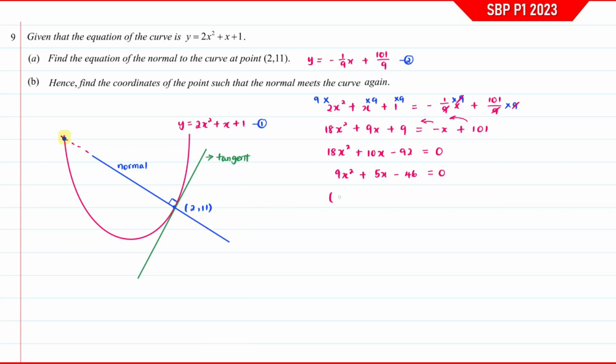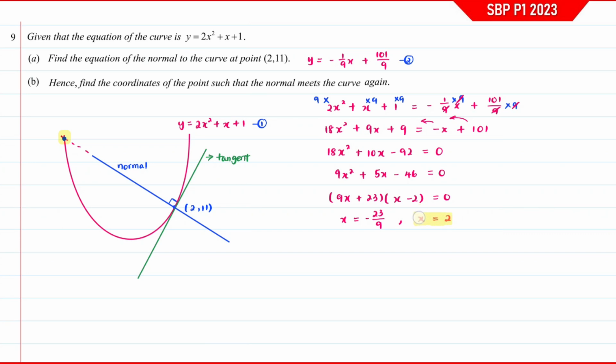Using factorization, you're going to get (9x plus 23)(x minus 2) equal to 0. So here x is equal to -23/9, or x is equal to 2.